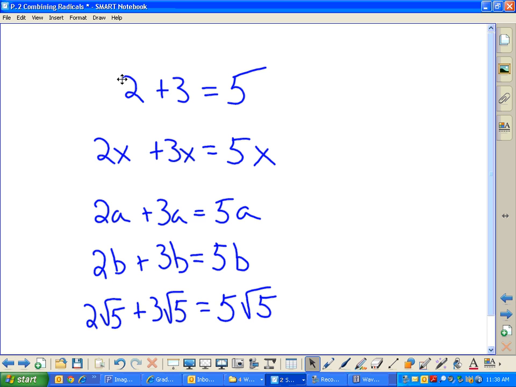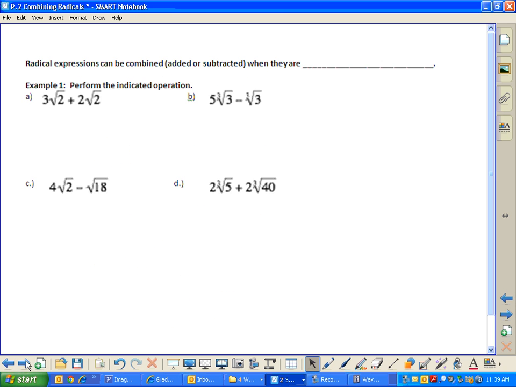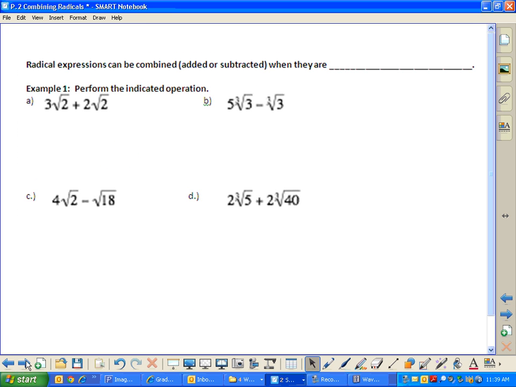We're going to go back into our notes. And right now we are looking at example 1. And there's a little fill in the blank at the top of it. Our radical expressions can be combined, in other words, added or subtracted, when they're like, or like radicals.